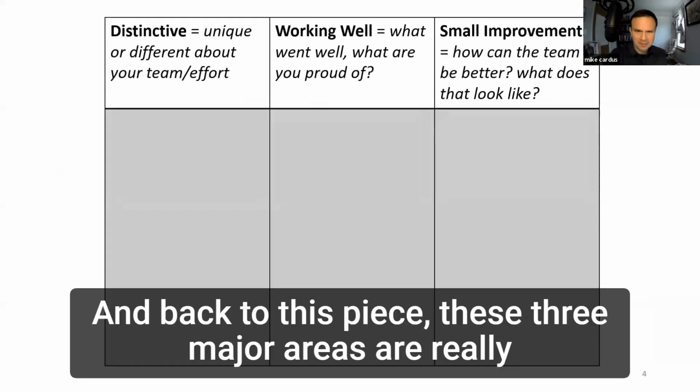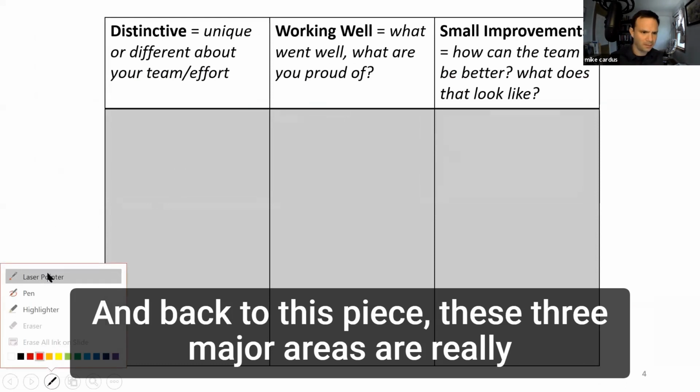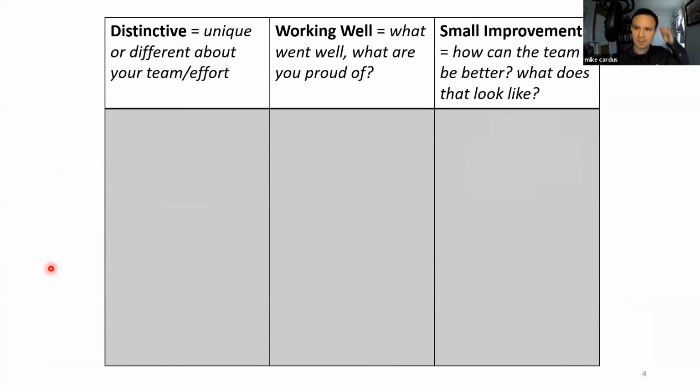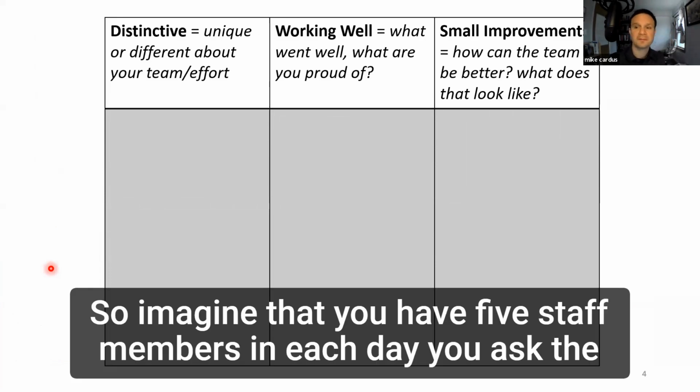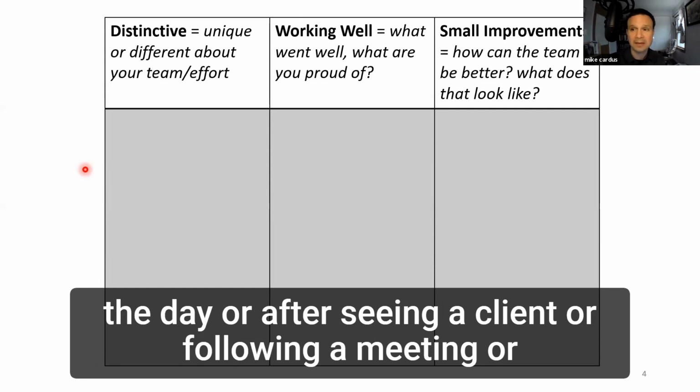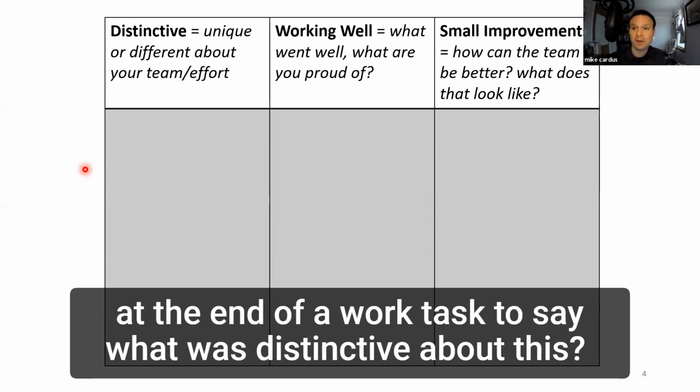And back to this piece, these 3 major areas are really all you need to make sense of the patterns. So imagine that you have 5 staff members, and each day you ask staff members to take 3 to 5 minutes at the end of their day or after seeing a client or following a meeting or at the end of a work task to say, what was distinctive about this?